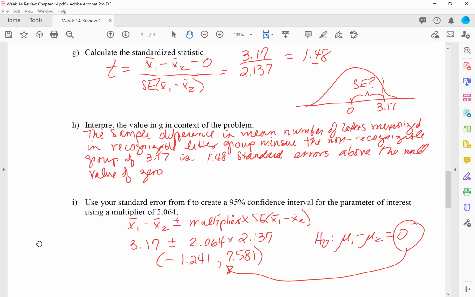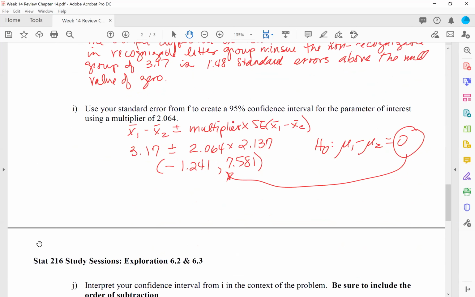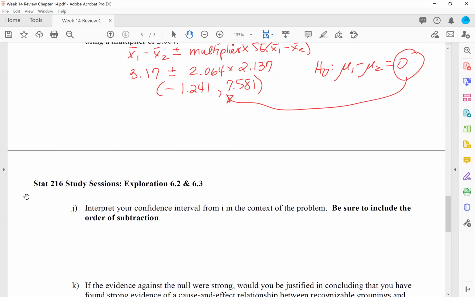That makes sense to you guys? Yeah, it does. All right, so let's talk about interpreting this confidence interval. So we are 95% confident because we've created a 95% confidence interval.